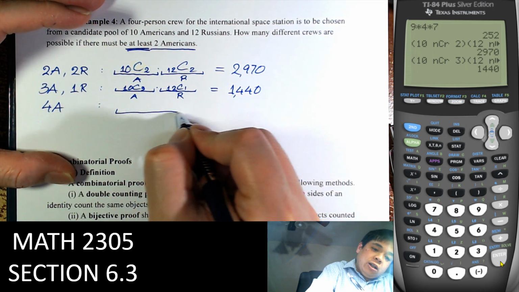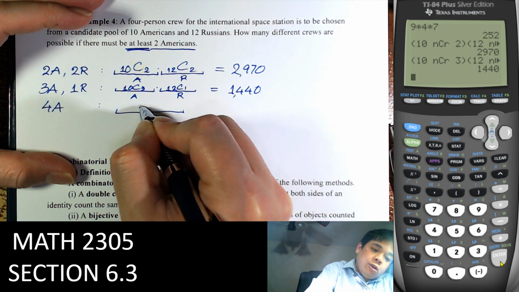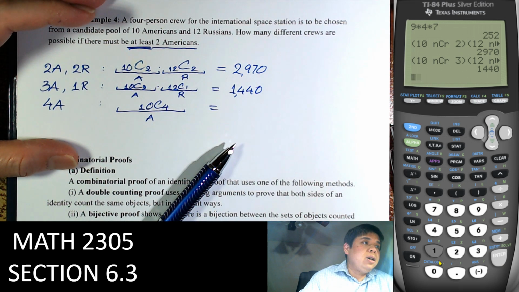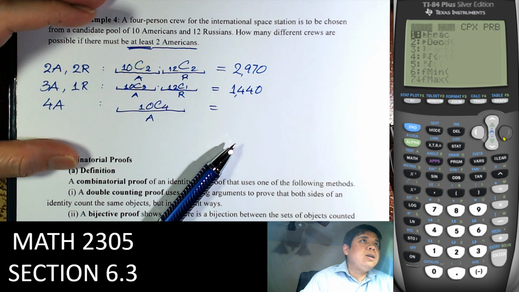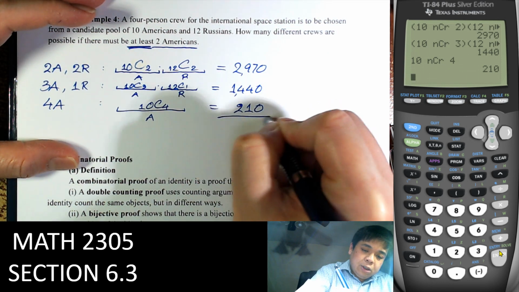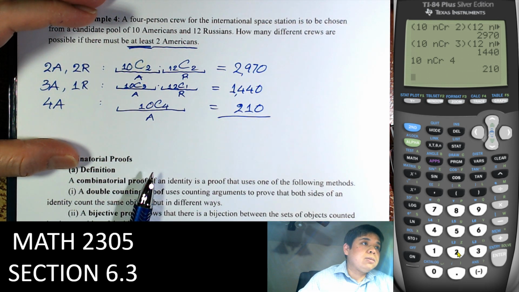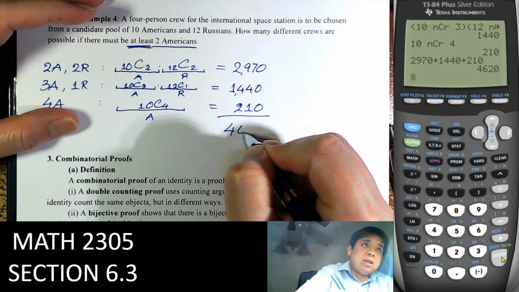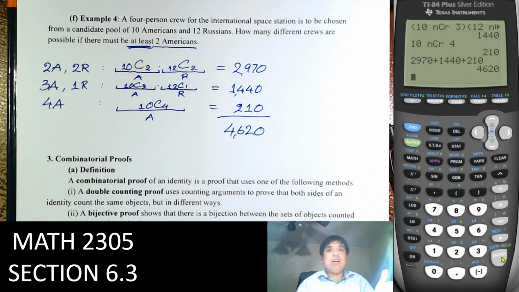And all 4 American, so just 10 choose 4. Then you add all of them up. So 4620.